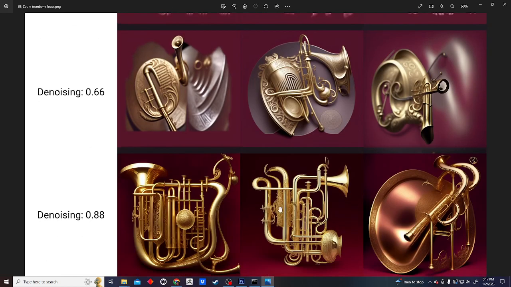And then the things that it invents look pretty cool, but also are very much not trombones.